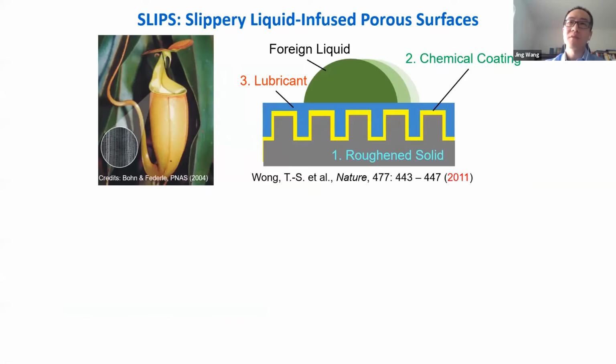It comprises three components. One is the underlying rough solid surface, and the other is the chemical coating that has better chemical affinity to the lubricant, and by capillary force, the lubricant will spread and form a stable lubrication layer. This surface can repel any liquid that is immiscible with the lubricant.